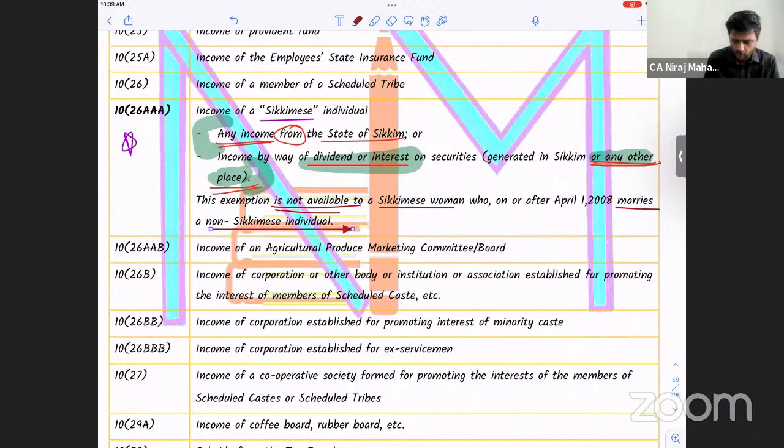There was some dispute, and since it is 1st April, it was applicable from a new financial year. Something similar was also there in Article 370 for J&K: if a J&K woman married a non-J&K person, she used to lose the special status of J&K. At the time of partition itself, some states were given special statuses, just like J&K. So similarly, for Sikkim also, from the income tax point of view, they are given that benefit.